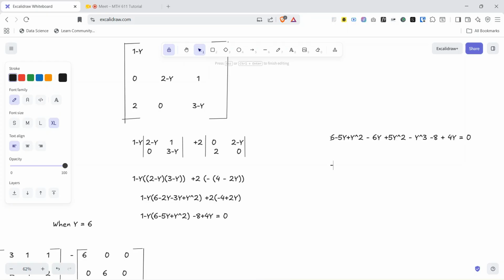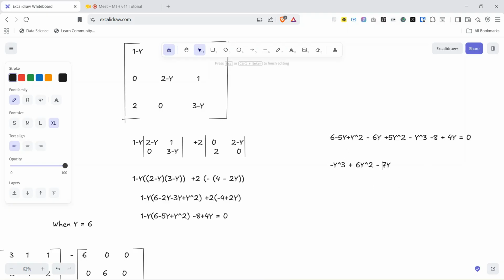So at the end of the day, we have minus lambda cube. Then this plus this would be plus 6 lambda square. Then minus 5 minus 6, that's minus 11. Minus 11 plus 4, that is minus 7. Yes, minus 7 lambda.